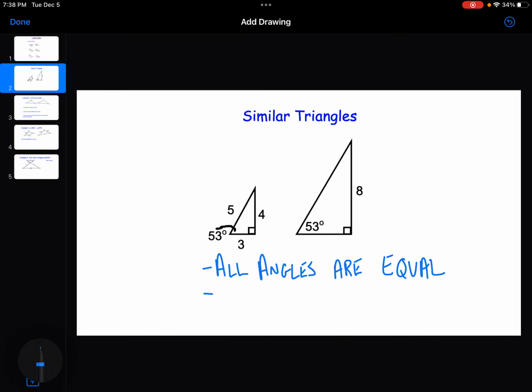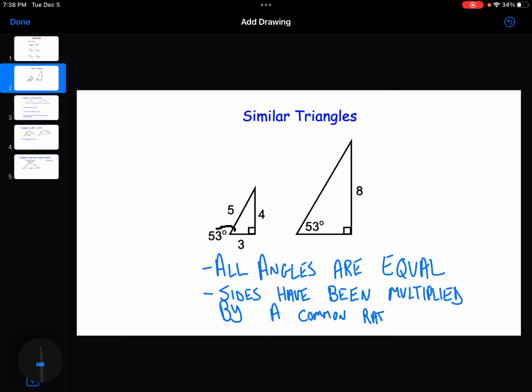But the sides have been multiplied by a common ratio. Okay, and that gives us some other things. There are some other properties that go along with similar triangles, not just the sides, for instance.